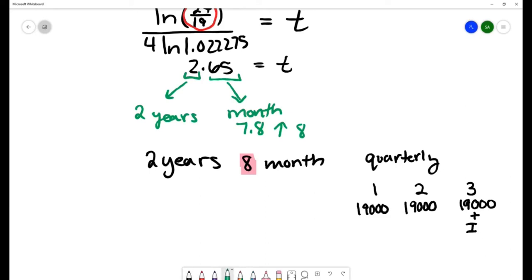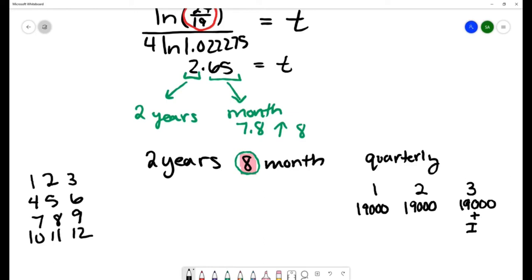So when we consider our problem, we came up with an answer of 8 months, but that's a month where interest wouldn't be added. So if we write out the months of the year, we would have 1, 2, 3, 4, 5, 6, 7, 8, 9, 10, 11, 12. And because we're compounding quarterly, interest is going to be added in months 3, 6, 9, and 12.